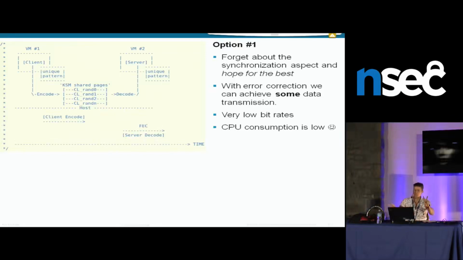The idea is that the client and the server are floating around in their own time space, and at some point in time they will overlap, and there will be some transmission. It will give a very low bit rate, obviously, and also the CPU consumption is going to be low. That's good, because that's what we want. We don't want to be detected by anyone monitoring processes on the system, so we don't want to burn CPU.